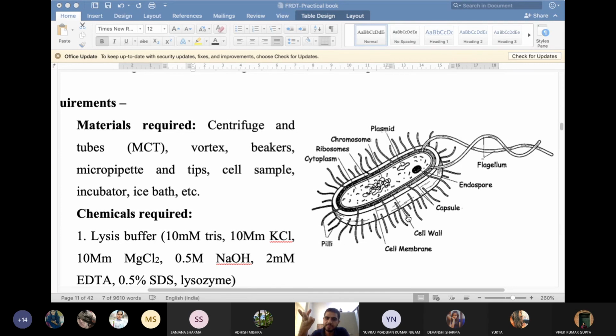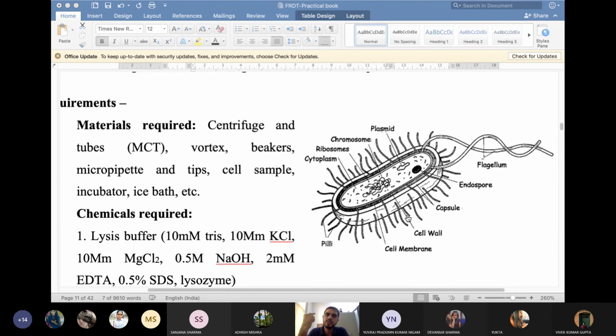So now the next job is removing all other things from the sample, because as you remove the cell membrane and the cell wall, your DNA comes out in solution form. So now how to purify the DNA?